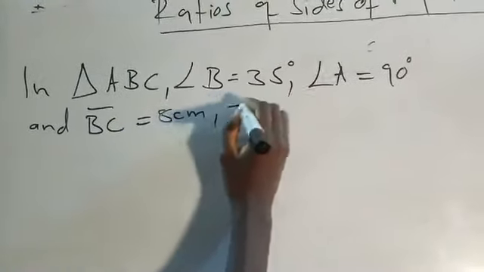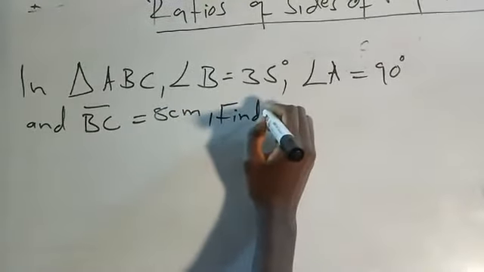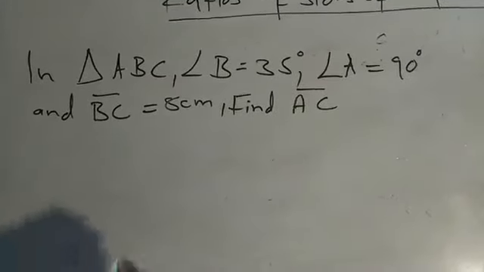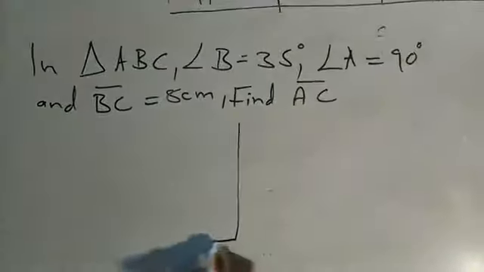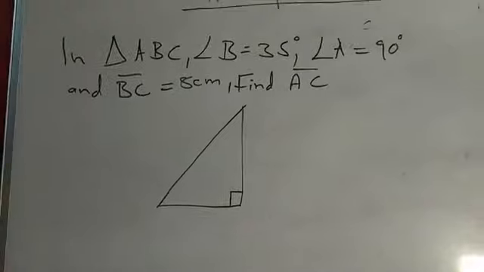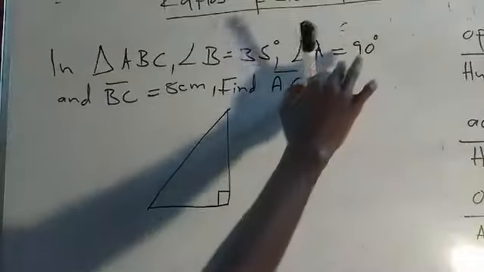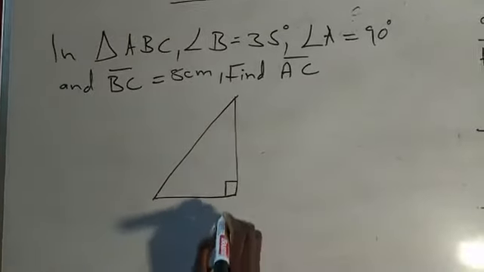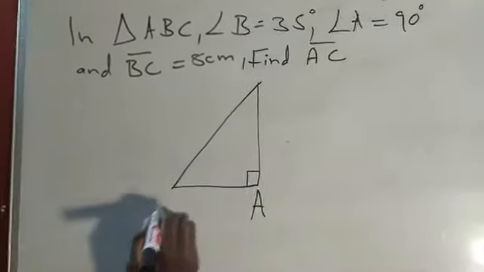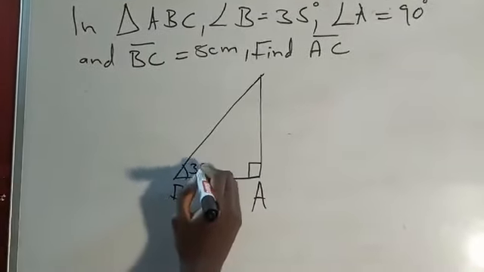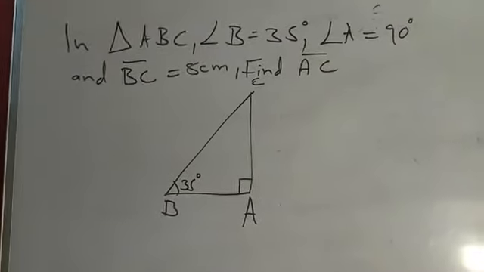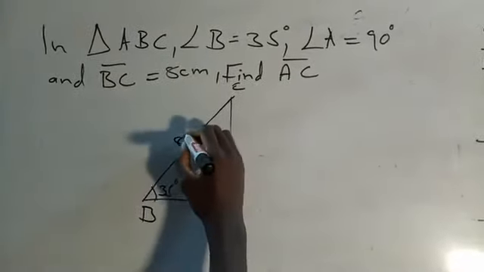They have told us to find line AC. So let's try to draw our right angled triangle, being here 90, but they have told us A equal to 90, so means here there is A, B equaling to 35, and this one also becoming C. They have told us BC is 8 centimeter.